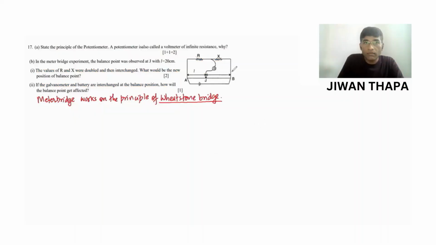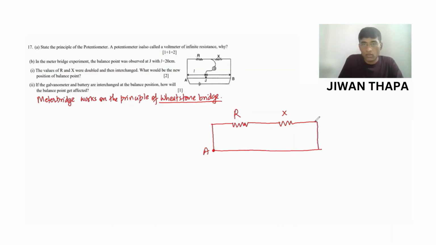Now I am redrawing this figure on a magnified scale. So this is R, this is X, this is A, this is point B, and we have a battery between A and B, and we have a galvanometer connected in this way.